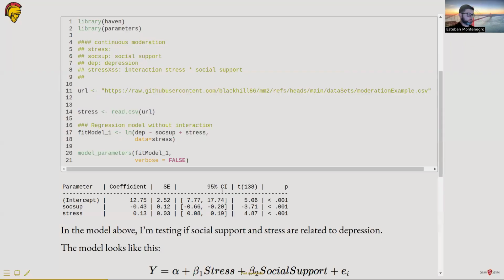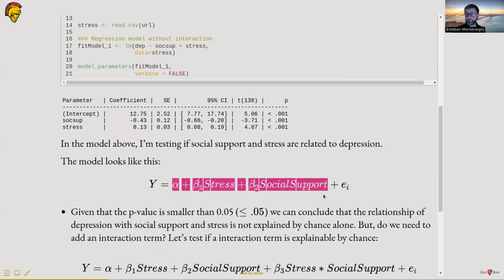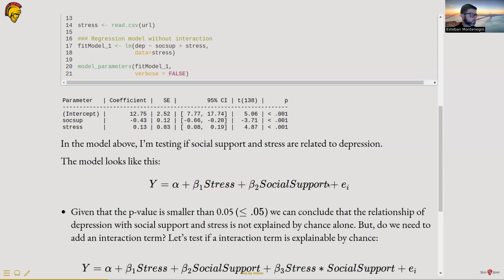Let's go back to the example. So this is the equation that I have in mind, but I also have a hypothesis. I believe that social support could be a moderator, right? Our z variable, sorry, and stress is the predictor, right?